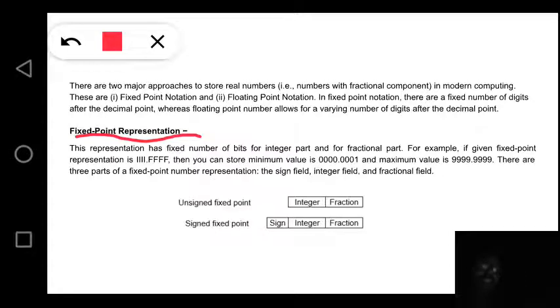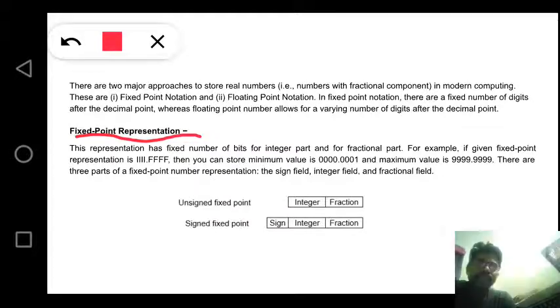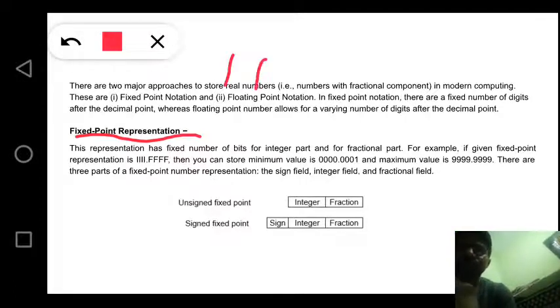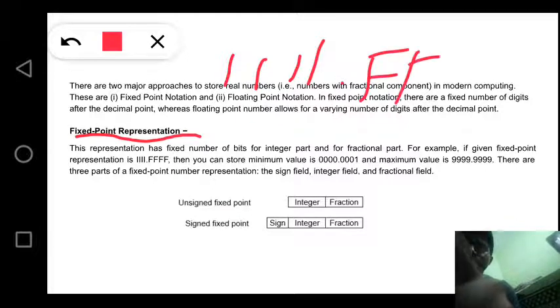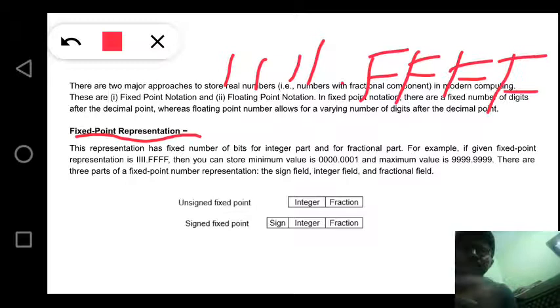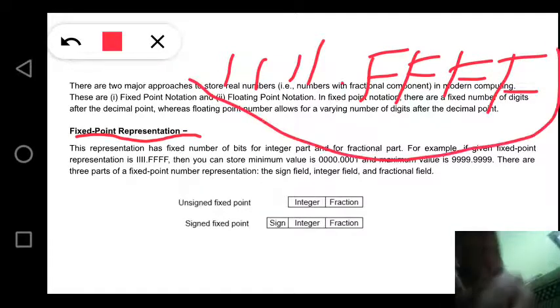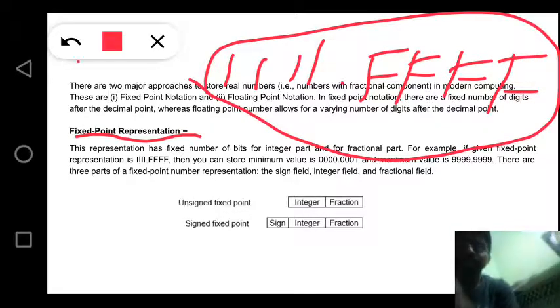For example, for a given fixed point representation, you can store a minimum value. Integer part can be zeros and fractional part is 1, because it should not be 0, right? So I have 4 integer digits followed by 4 digits for the fractional part. Each fixed point representation will have a specific format.